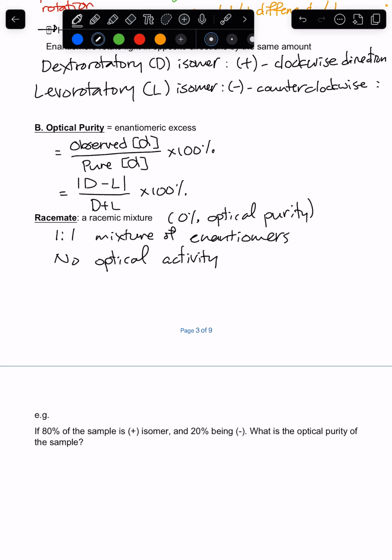As in, you don't see the light being bent in any direction. In reality, it gets bent, but they're bent in opposite directions by the same amount. In other words, they cancel each other. And that's why you don't see any bending of light. So the specific rotation you would observe should be 0 at that point.